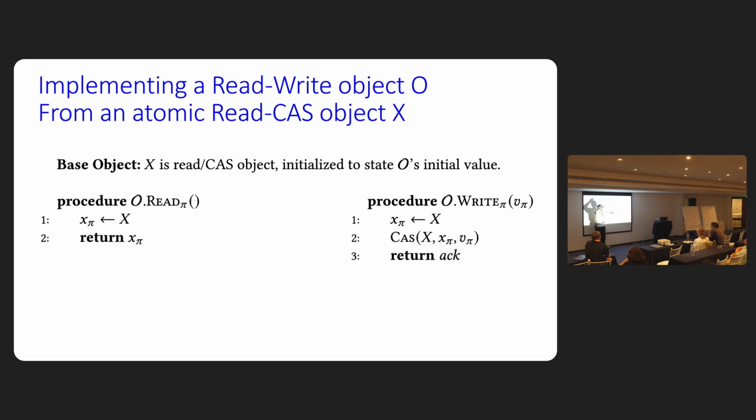The possibility in which I'm linearized before the fellow who is going to cause my cast to fail, but I should also remain open to the possibility that I have not linearized, to leave the option open for myself that should in future, before I execute the cast, x be restored to the value I had read, then I would succeed. And that would become my linearization point. So simultaneously, two possibilities will have to be entertained.